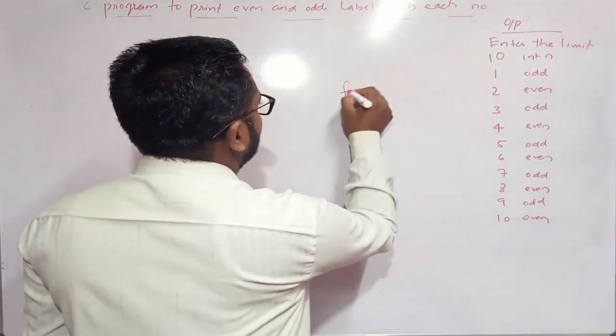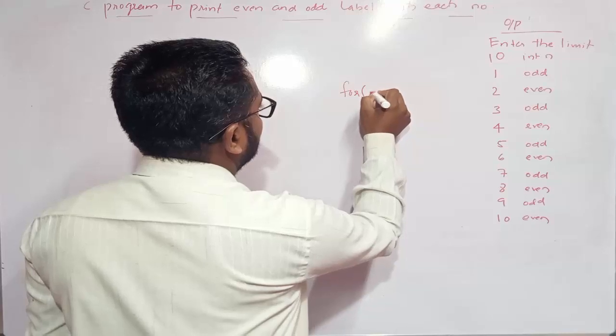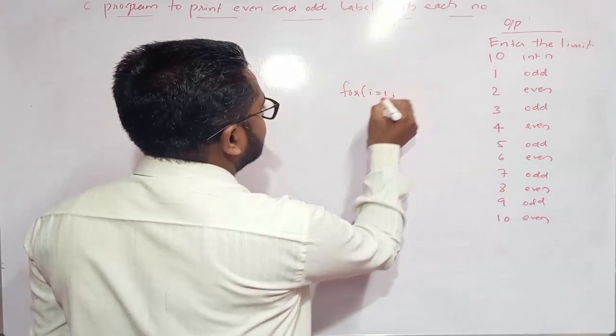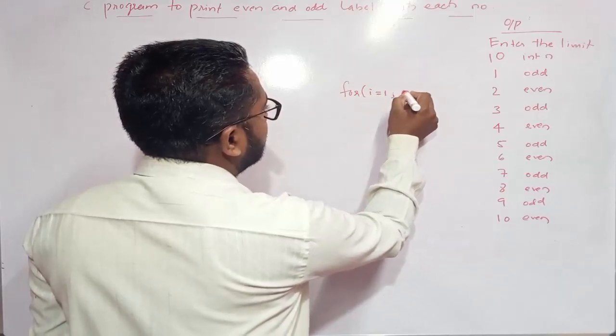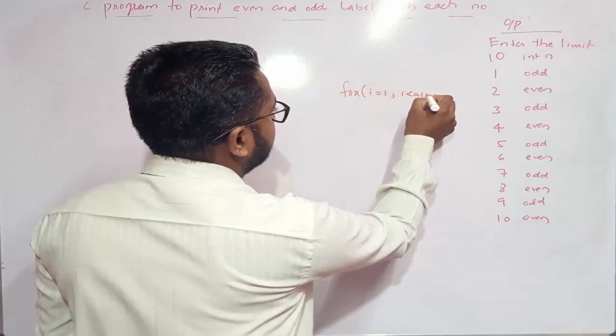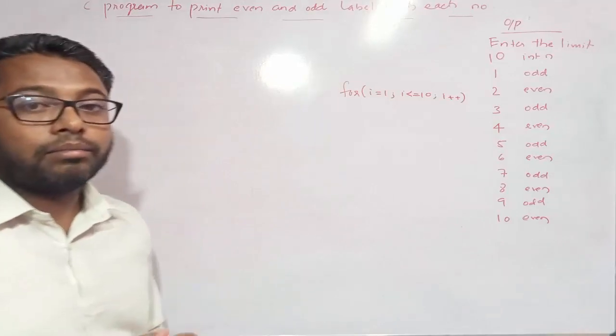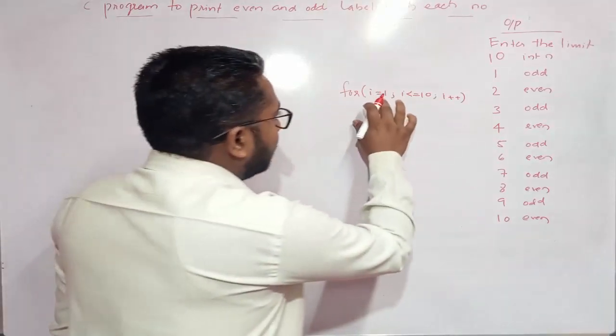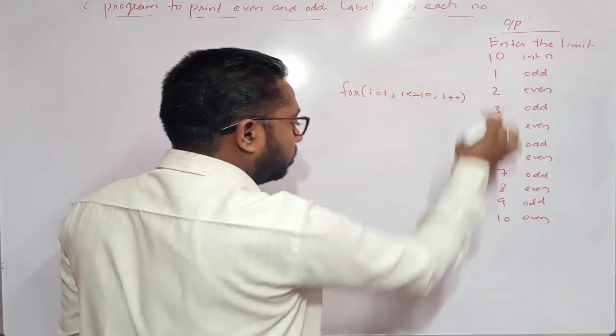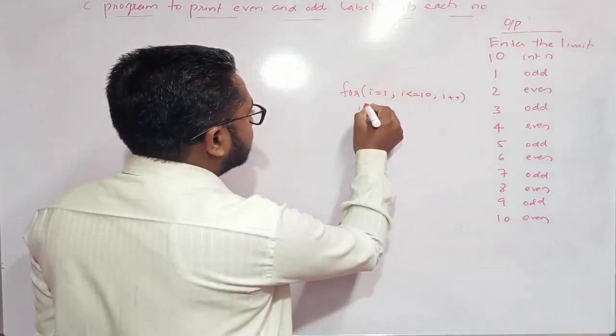I will use for i equals 1, start the i value from 1 until it becomes less than or equal to 10, and increment the value of i by 1.